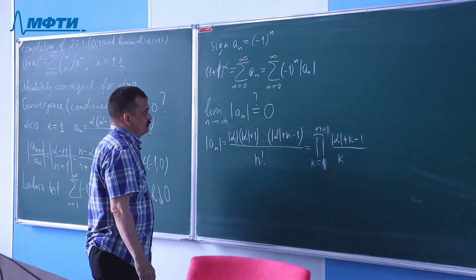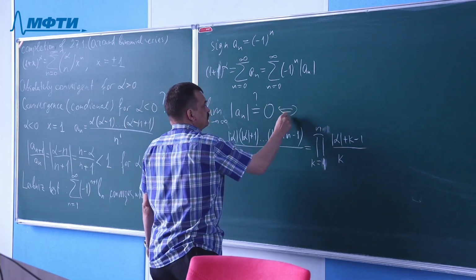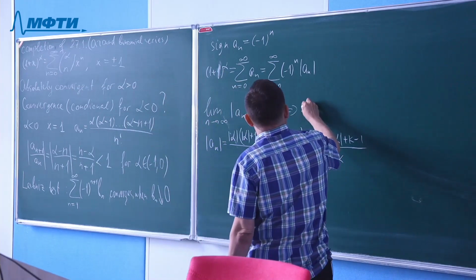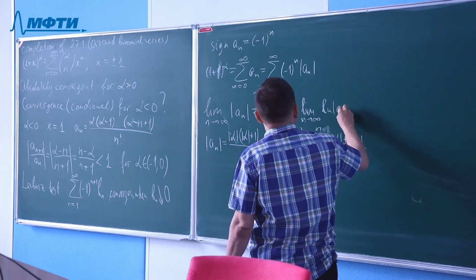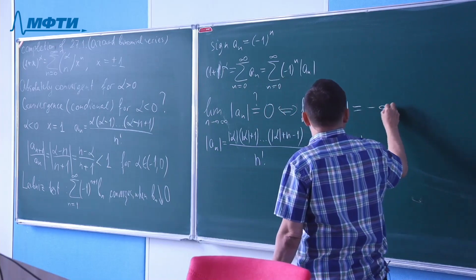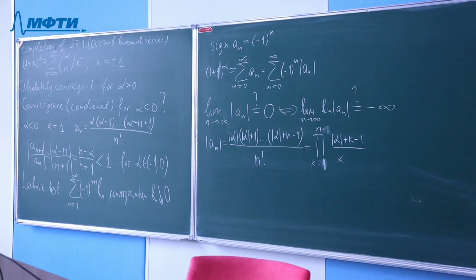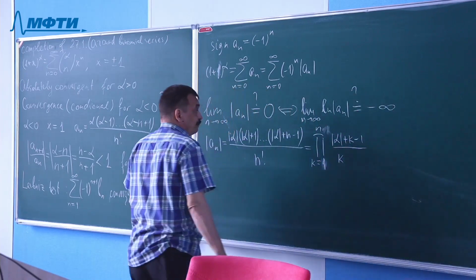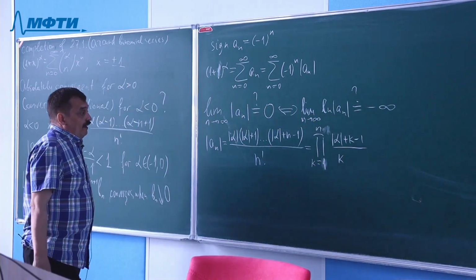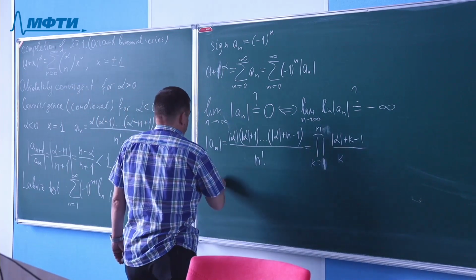And that is equivalent to the question of when the logarithm of modulus of An tends to minus infinity, because the logarithm of 0 is minus infinity, roughly speaking, right? And so what is the logarithm of the modulus?